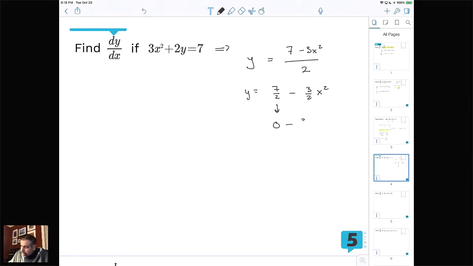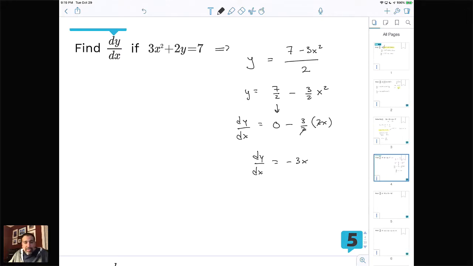You would do a minus 3 halves that gets a free ride, and then the derivative of x squared would be 2x. And then on the other side, you would get the derivative of y, which is dy over dx. So when we simplify this, we're going to get negative 3x as our answer.